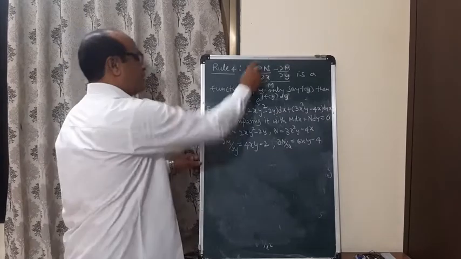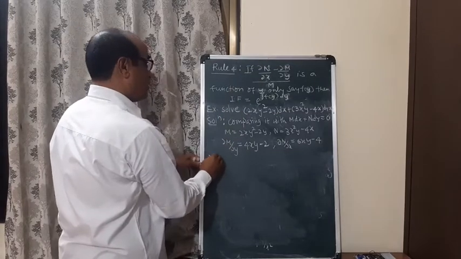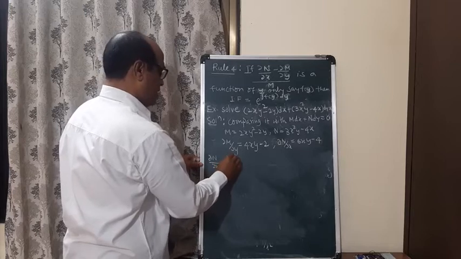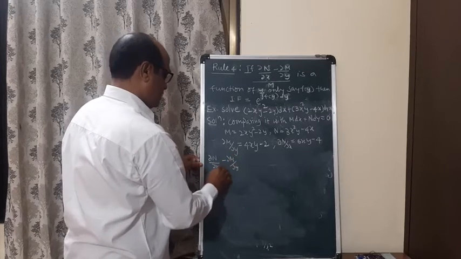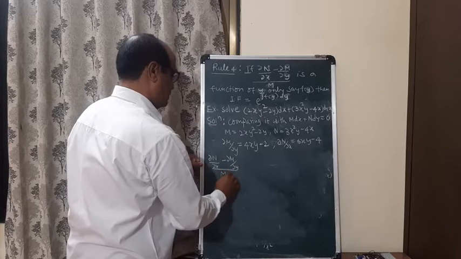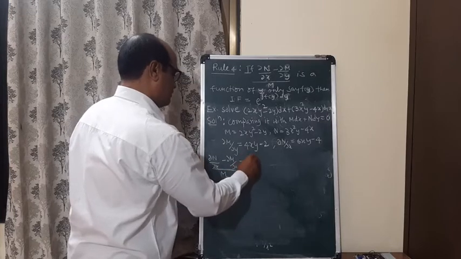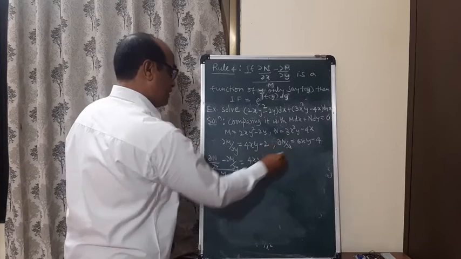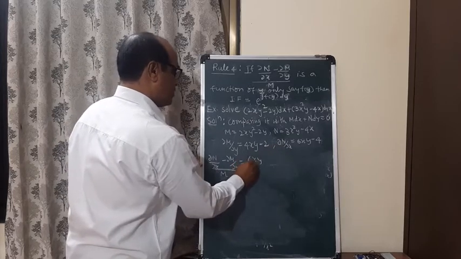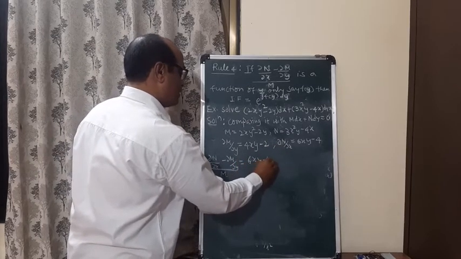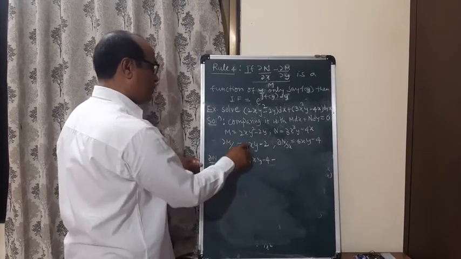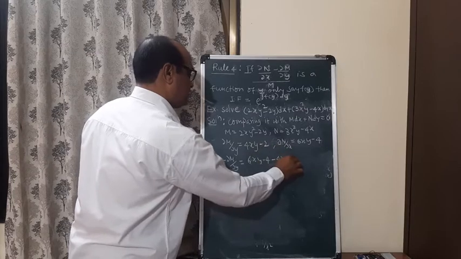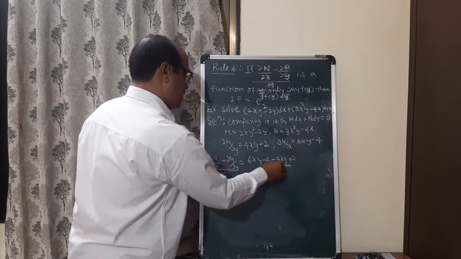So we take this formula: (∂N/∂x minus ∂M/∂y) divided by M is equal to (6xy minus 4 minus 4xy plus 2) divided by M.